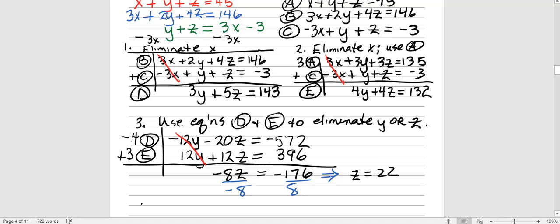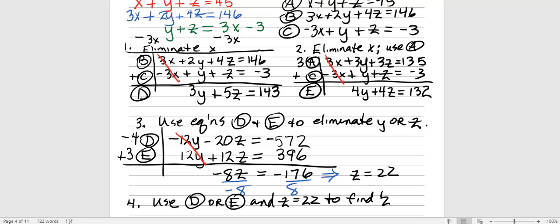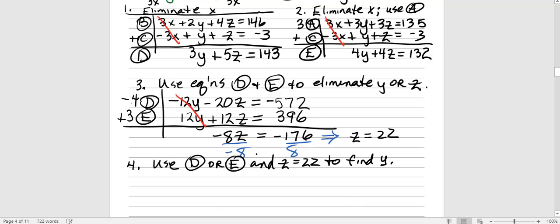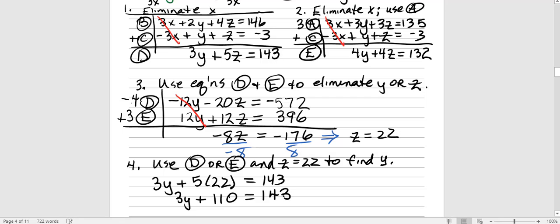And now that I have z, I can use equation D or E. I'm going to use D. I could have used either one, to find y. 3 times y plus 5 times 22 equals 143. 3y plus 110 equals 143.